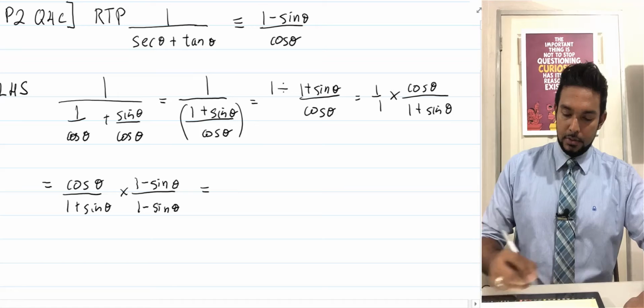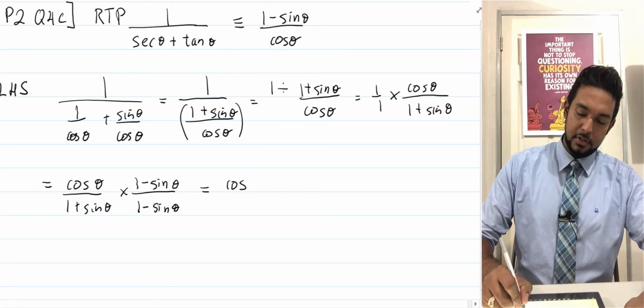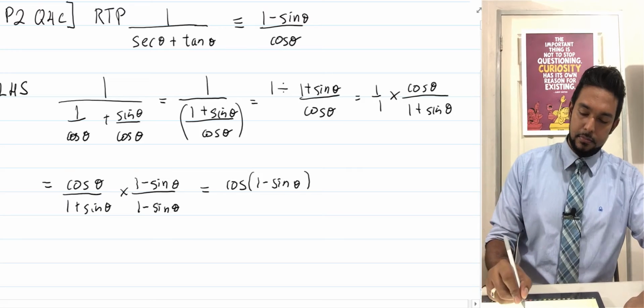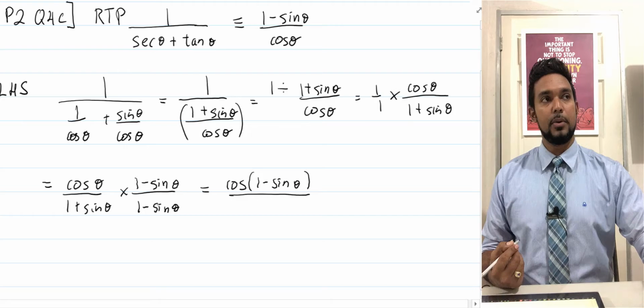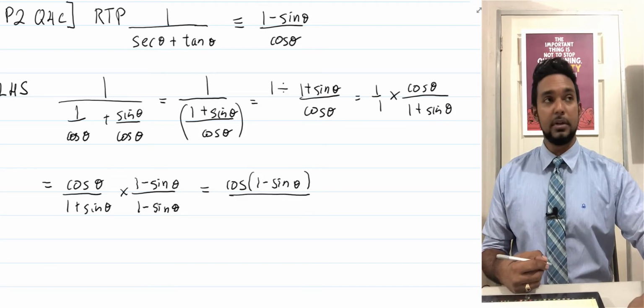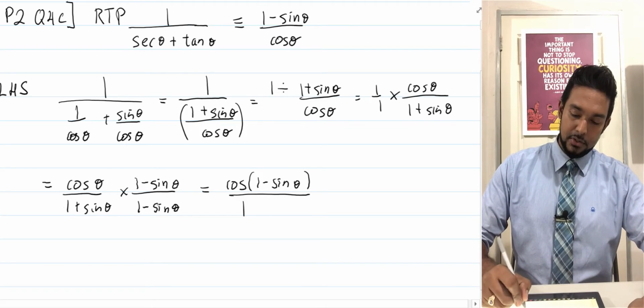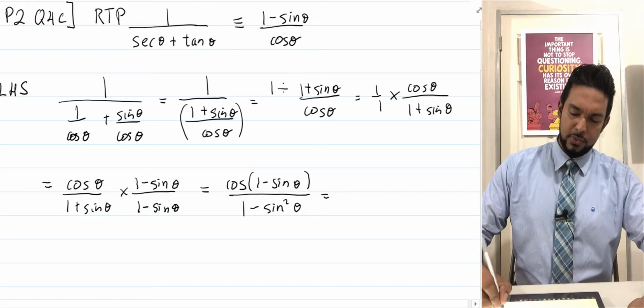So what would happen is that in your numerator now, you're going to get cos by 1 minus sine theta. Your denominator, now 1 plus sine theta by 1 minus sine theta, that's a perfect setup for what? Difference of two squares. So that's simply going to give us 1 minus sine squared theta, which we know is what? What's 1 minus sine squared?